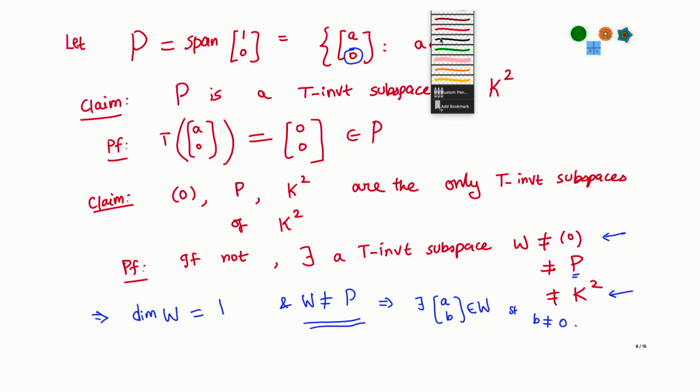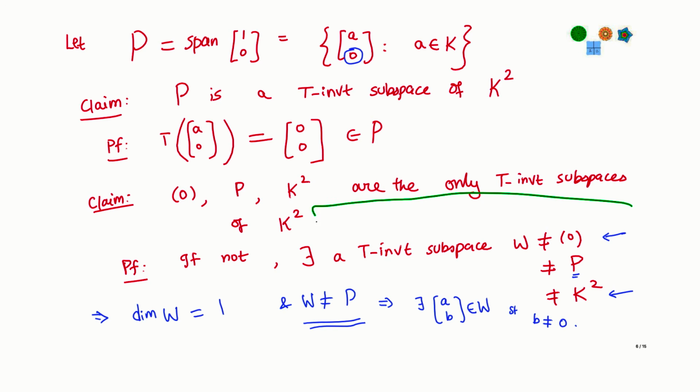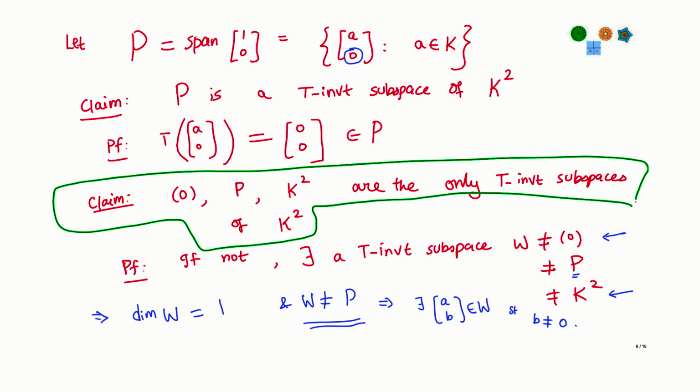So, this claim tells us something very interesting. It says that there are only 3 subspaces which are T invariant. Okay. And recall, T invariant subspaces are the same as K[x] submodules. Now, if these are the only 3 T invariant subspaces, then let me do the following.